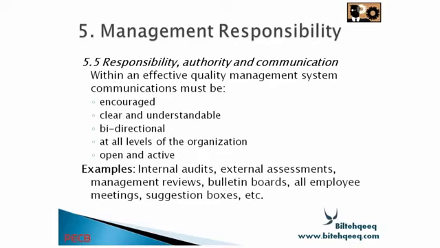If you have set a responsibility and authority of any person, it must be communicated to him and also to the other concerned persons. Internal audits, external assessment, management review, bulletin board, all-employee meetings, suggestion box: these are all examples of communication channels.